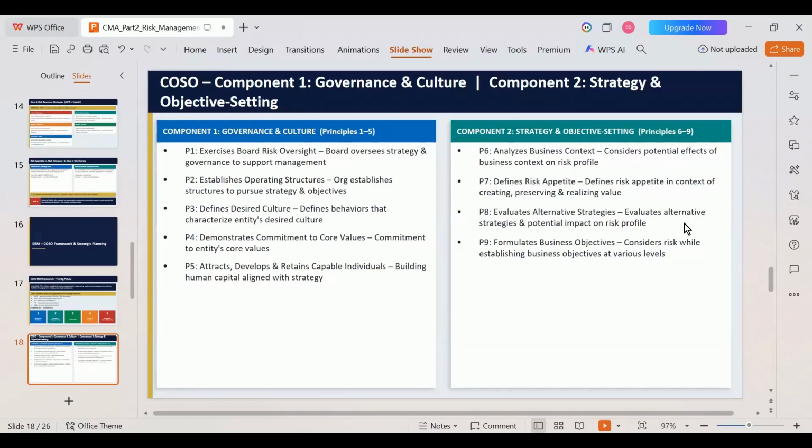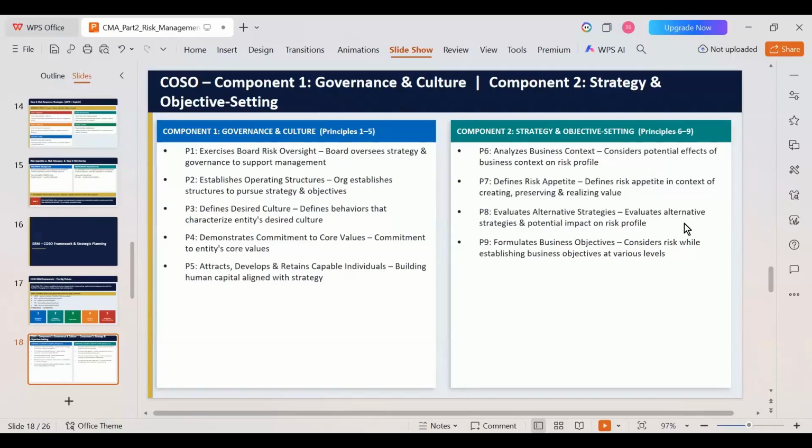Let us say our risk appetite is to face a loss of somewhere around $200,000. According to our business strategies, there are also risks. If the risk I am supposed to take for a specific strategy crosses our risk appetite, then we will have to choose some alternative strategies.